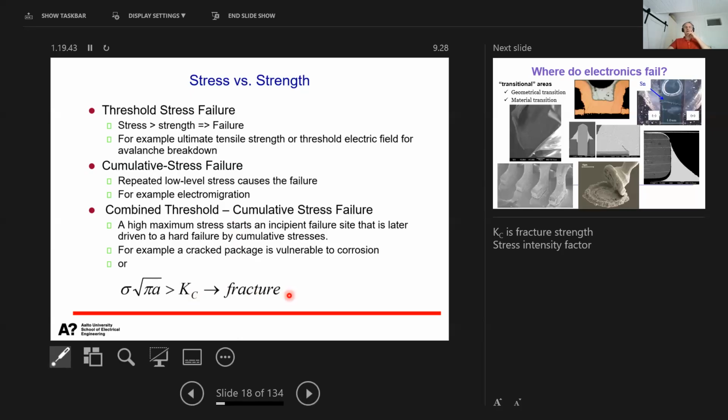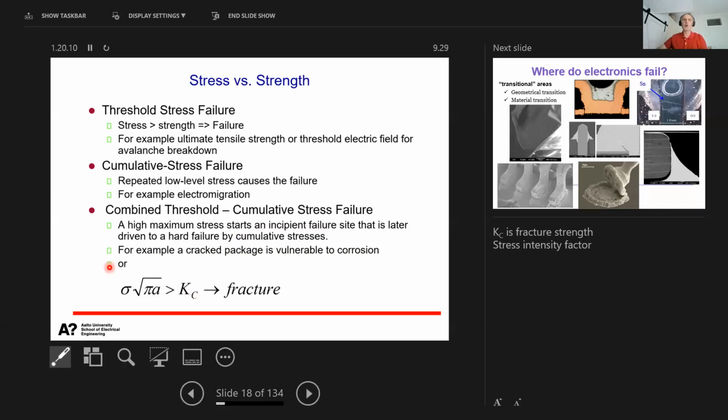A materials engineer would define it like this. So the stress intensity factor, the stress in the product and the defect, if that exceeds the, let's say, fracture toughness, which is the material constant, then you have a fracture.